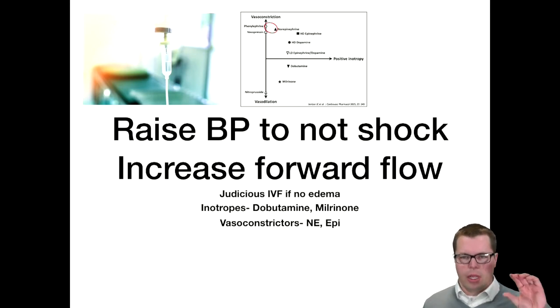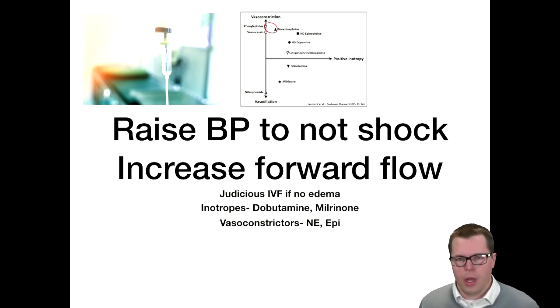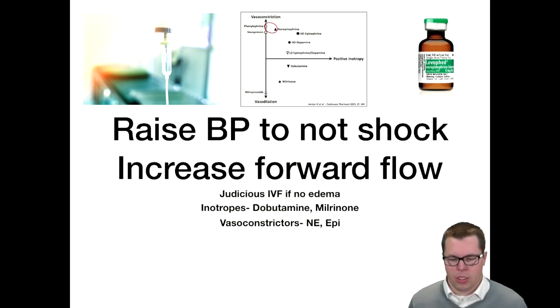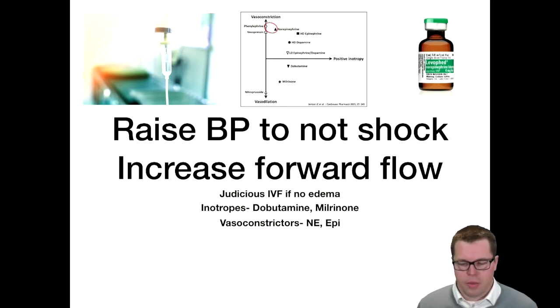So in this case, we give you just a little bit more vascular tone while we are trying to make the pump go a little bit better. So a small dose of Levophed, or low-dose epinephrine, will give you some inotropy as well as a little bit of vasoconstriction. Both of those are reasonable things to give for somebody in cardiogenic shock.